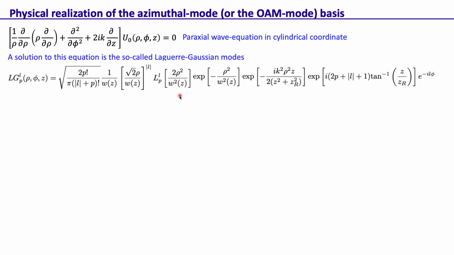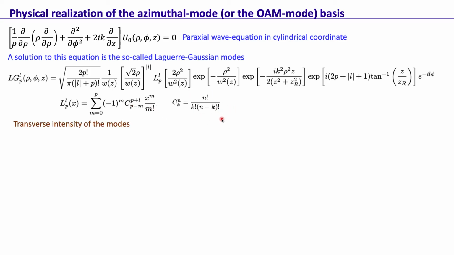Okay, now I don't want to go to the details of it, but we can see this LPL is the Laguerre polynomial, and the C is given by a factor like this. Again, I don't want to go through the details of this solution, and it is given in several references, which I will point out in the notes that I upload.